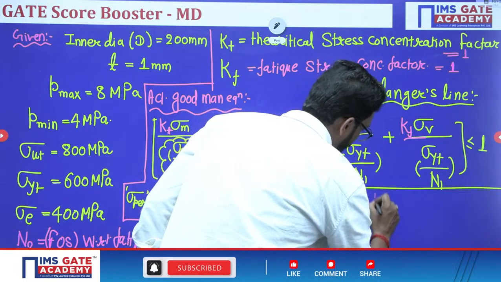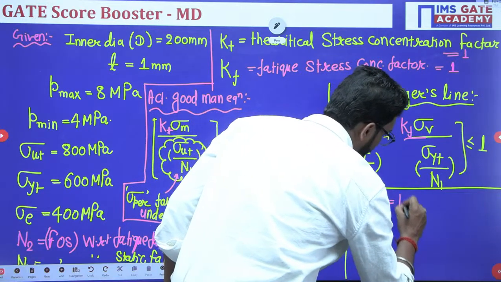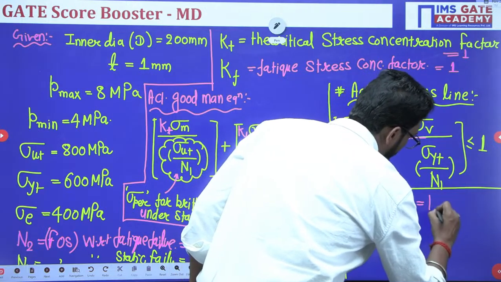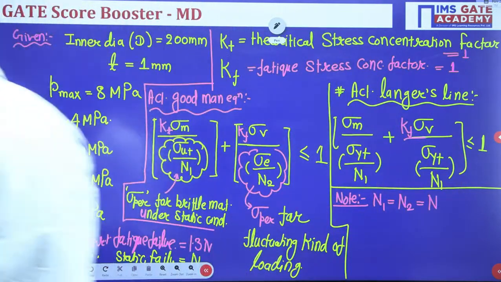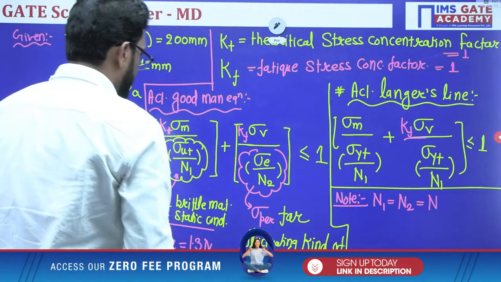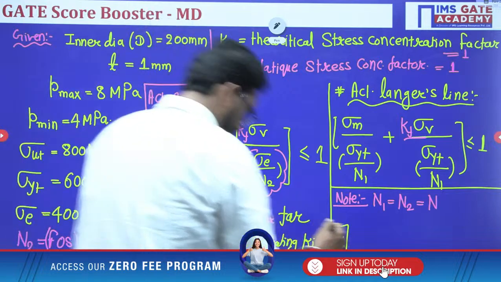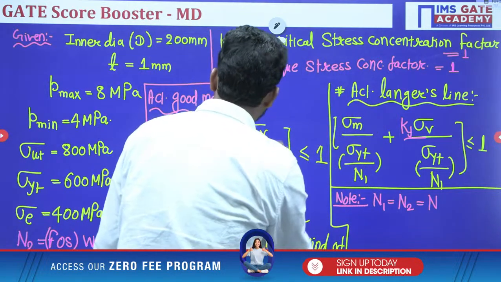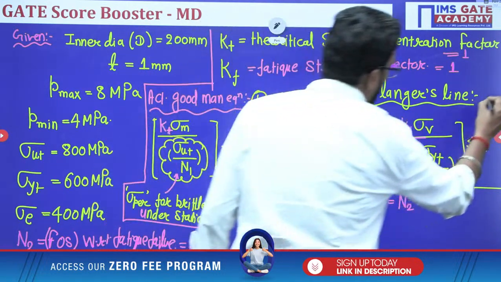If the factor of safety is the same, that means only one factor of safety is given, then the value is 1 by n. For the modified Goodman, let's suppose this is 1 and this is 2.